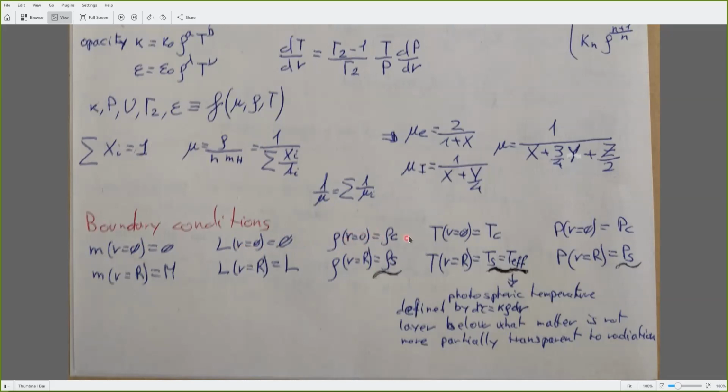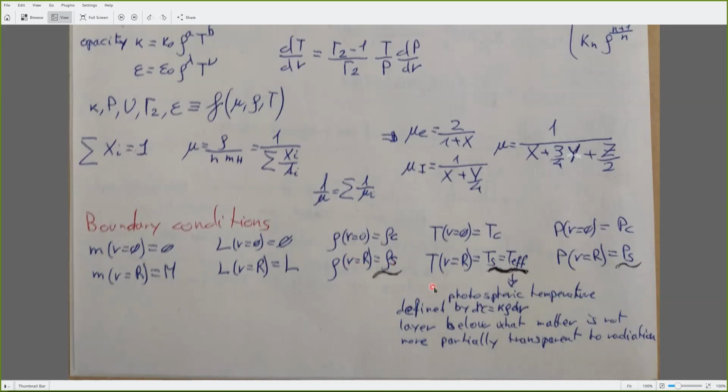The density at the center is the central density, with central temperature and central pressure. At the surface, the mass is the total mass and the luminosity is the total luminosity.